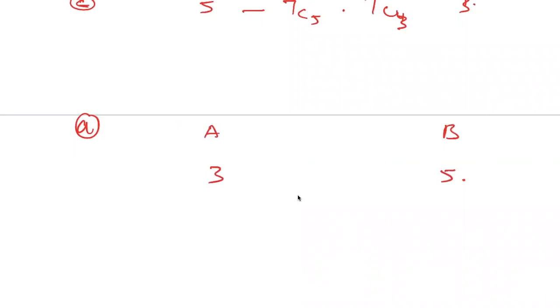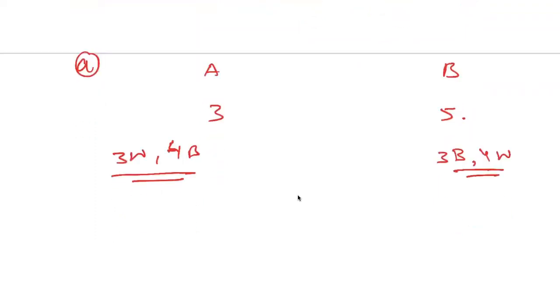And how many balls are there? 3 white and 4 black balls, and 3 black balls and 4 white balls. And in total what we require is 4 white and 4 black balls. I'm showing just one case here, so we can relate how interlinked it will be.